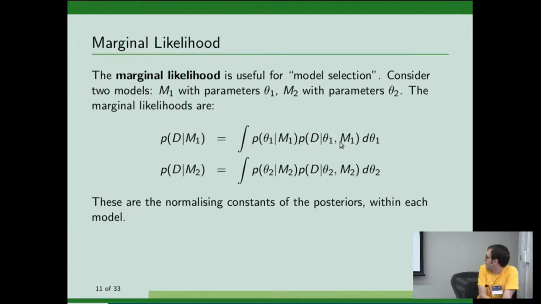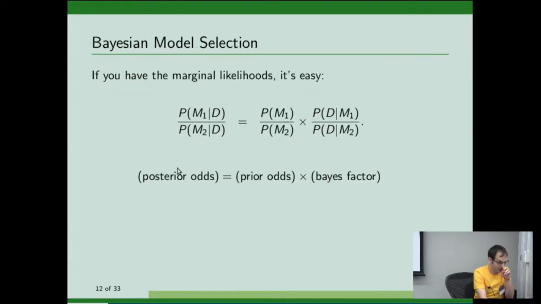This is given by this integral, which is the integral of the prior times the likelihood over that model's parameter space, which in the context of the parameter estimation problem of θ1 given the data is the normalizing constant on the bottom of Bayes' rule. So if you have these 2 normalizing constants, then you have these 2 marginal likelihoods.